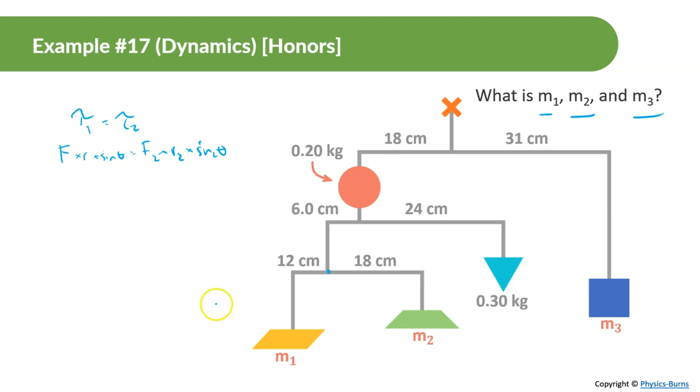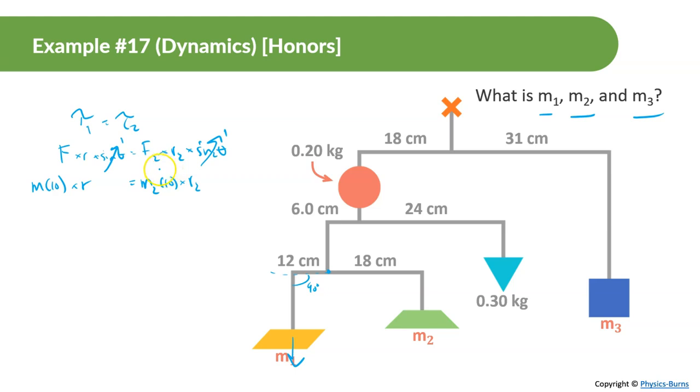But if everything is acting perpendicular to the axis of rotation, so if this is the lever and it's at 90 degrees, we can just get rid of this because it's just 1. Another thing I want to say is the force of gravity is going to be acting on all of these, so it's going to be the mass times 10 times radius equal to m2 times 10 times r2.